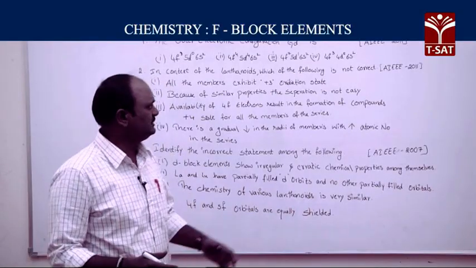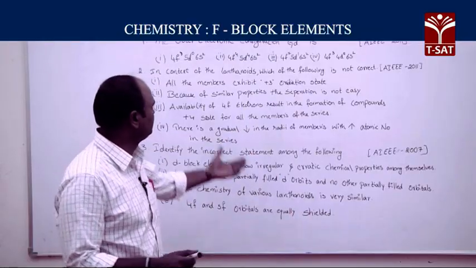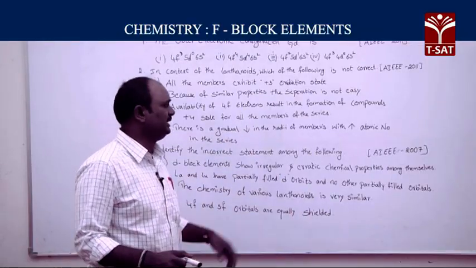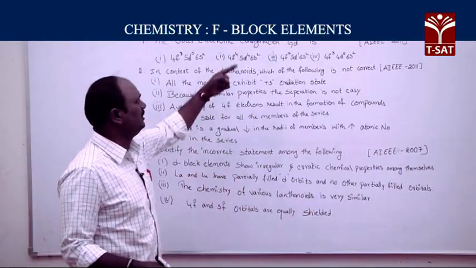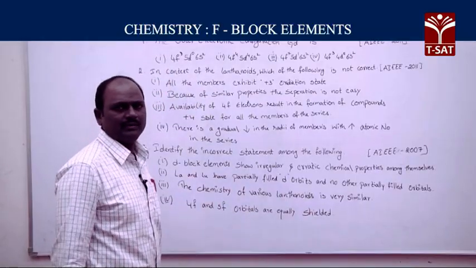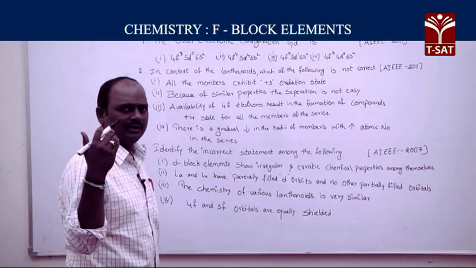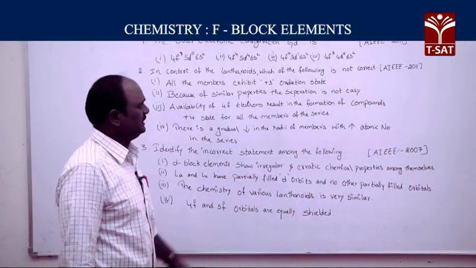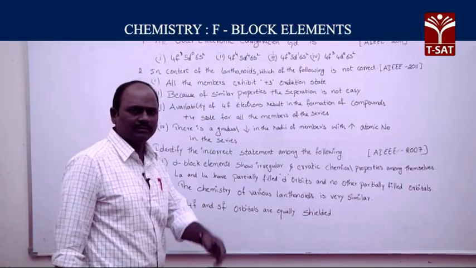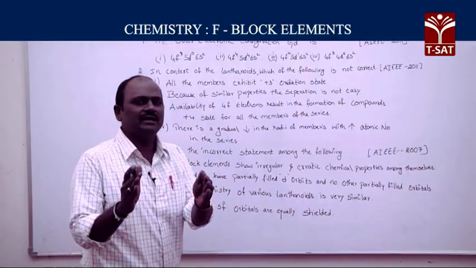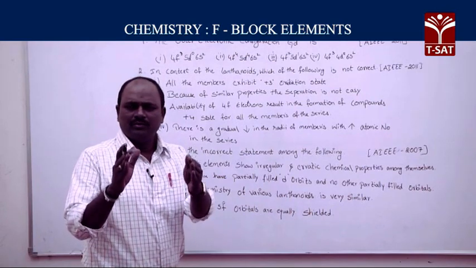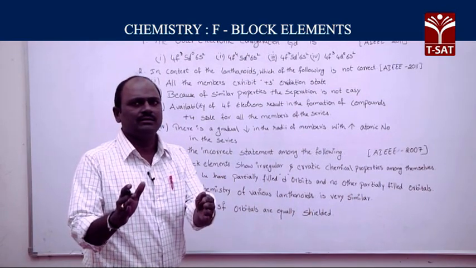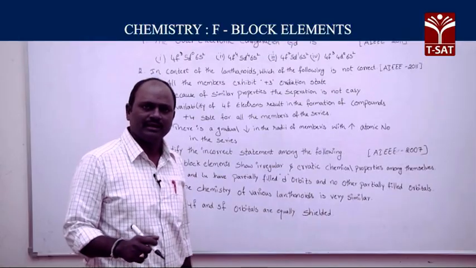You can observe it here. Some of the previous exam questions I am taking here. The first question is given: the outer electronic configuration of gadolinium is, you know, already you have observed very clearly the electronic configuration of gadolinium. Gadolinium is the center element of the 4f series of the block elements.